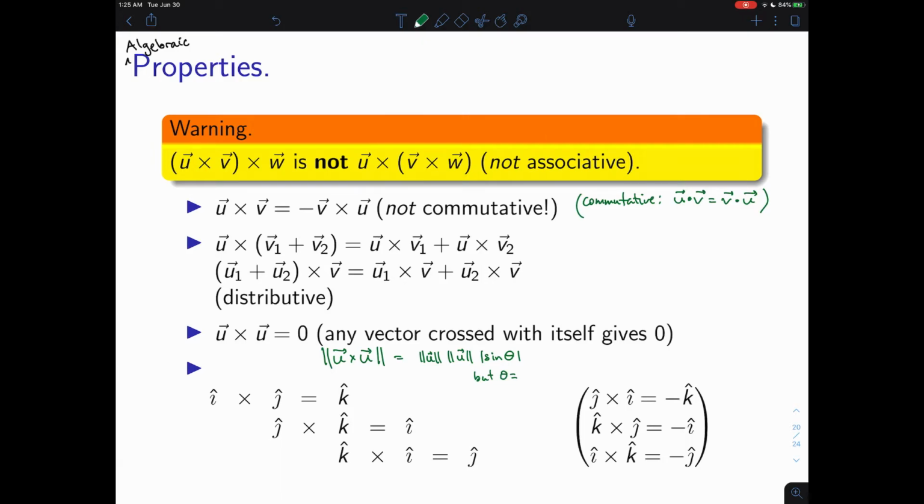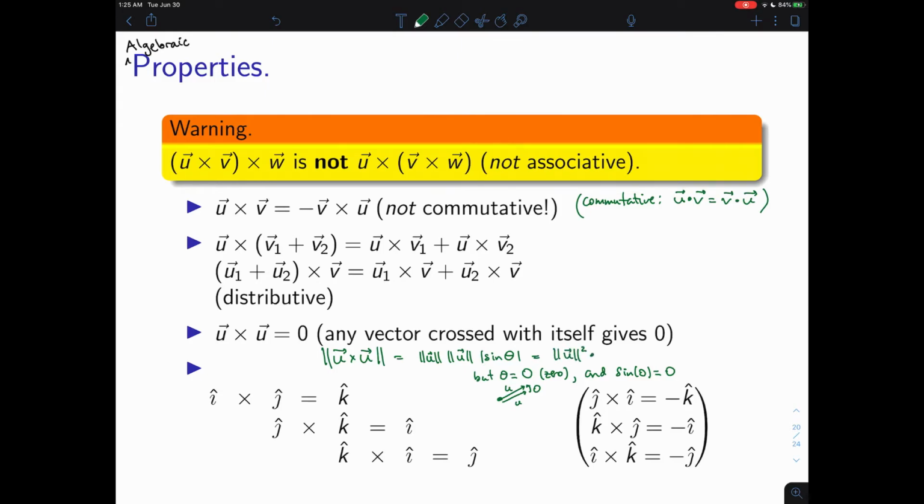Okay, what's the angle between a vector and itself? It's just 0, right? Because it's like U versus itself, 0 angle between them. And what's sine of 0? Sine of 0 is 0.